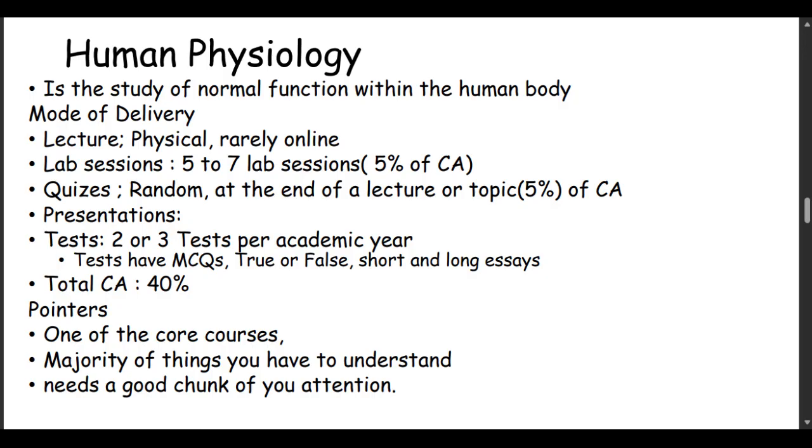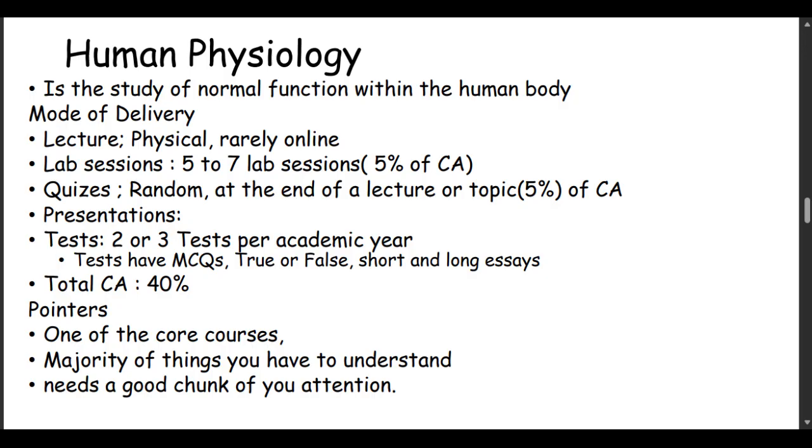Then there'll be random quizzes at the end of a lecture or topic, especially at the very beginning. These are quite common pop-up quizzes. So the moment you start learning, just start studying. That also carries about 5% of your CA. They might tweak it here and there under special circumstances, but take it roughly as that.